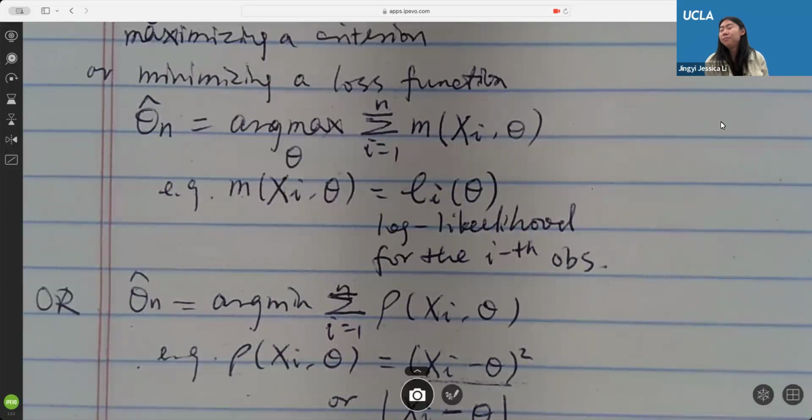We use sample moments as natural estimators for their corresponding population moments. What is the behavior of those estimators? We talked about their consistency and their asymptotic normality, and the asymptotic normality for sample moments is an extension of the central limit theorem, right? We also talked about the delta method, a very useful technique for transforming our central limit theorem to other variants.